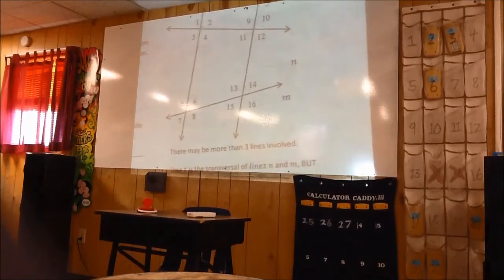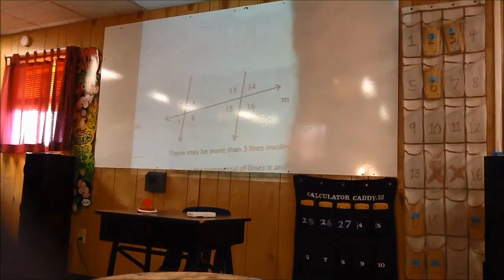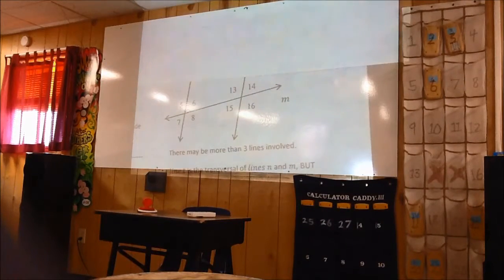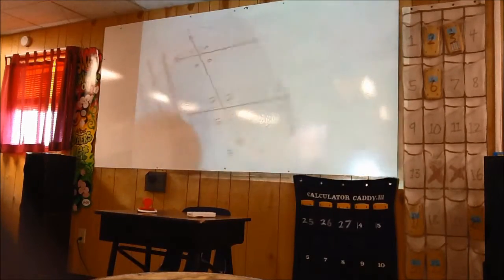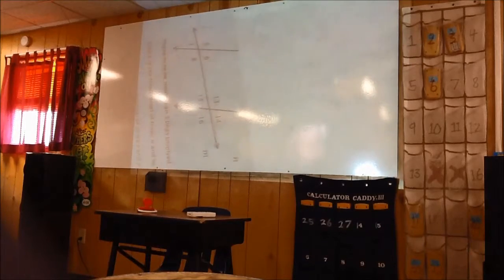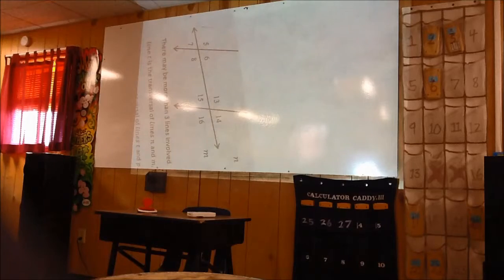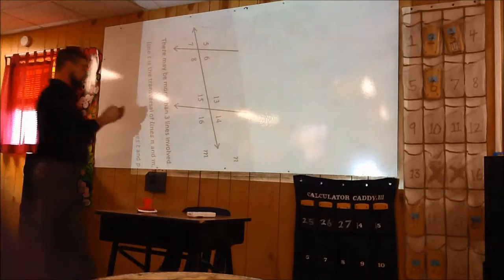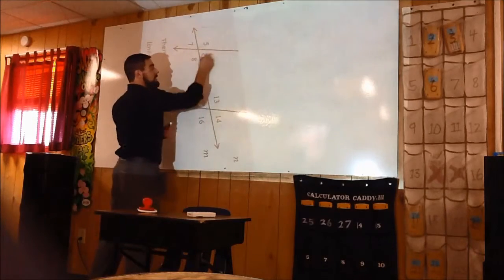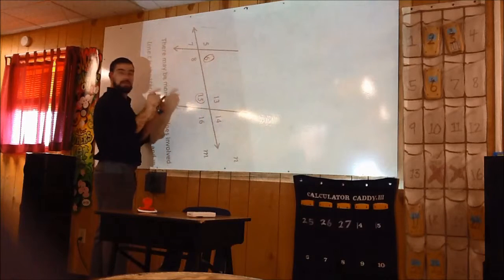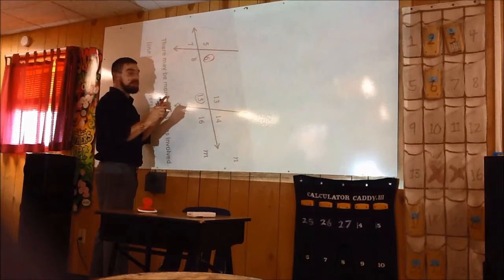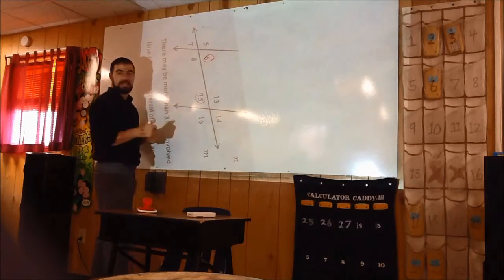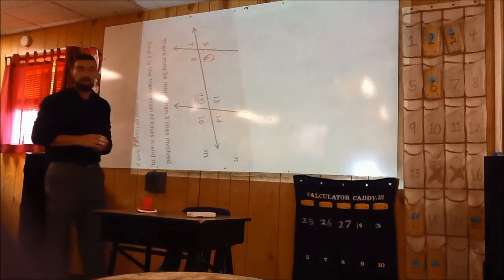All I need to see is angle 6 and angle 15, so I'm going to rotate it 90 degrees so that my transversal is going up and down. And now I can see angle 15 and angle 6 are what type of angles? Alternate interior. These two guys are on different sides of the transversal, alternate, and they're in between, they're interior. So those are alternate interior angles.